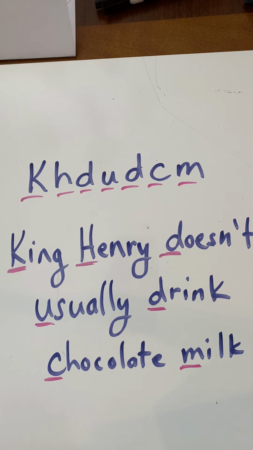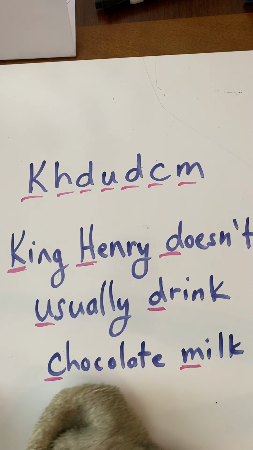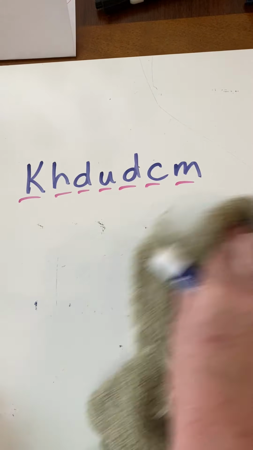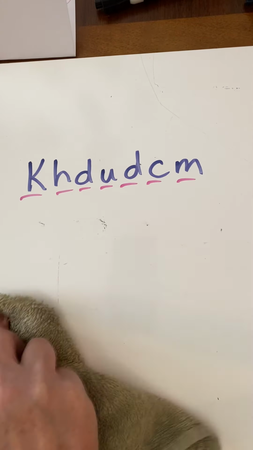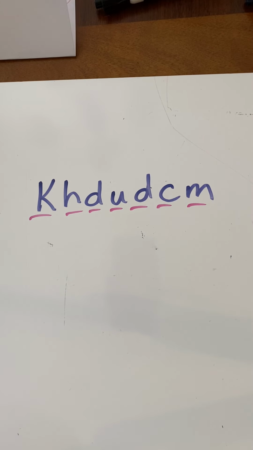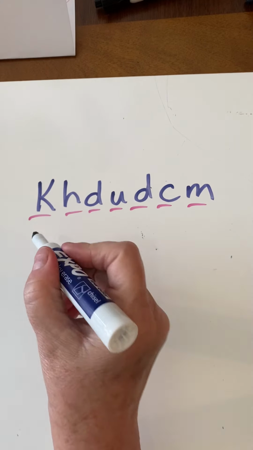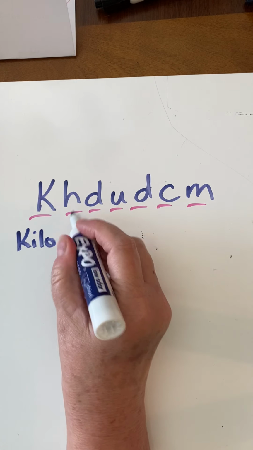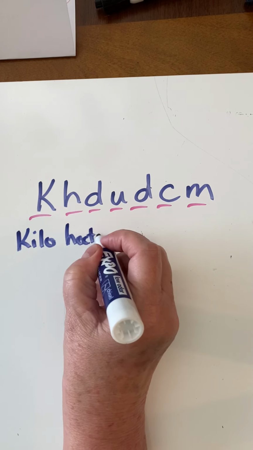And let's talk about what these different letters stand for. I'm going to erase this King Henry. I'm going to put a photo of this up on the website so you'll be able to see it. But King Henry, what this stands for is the K is going to stand for kilo. The H is hecta.